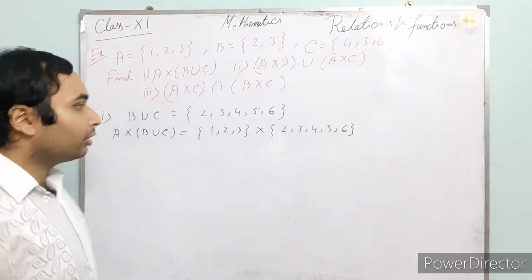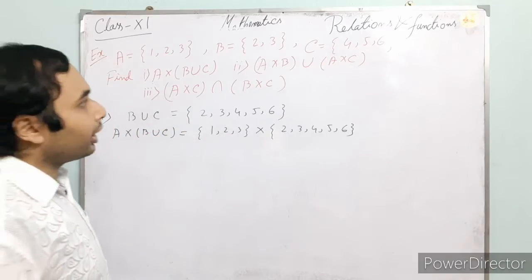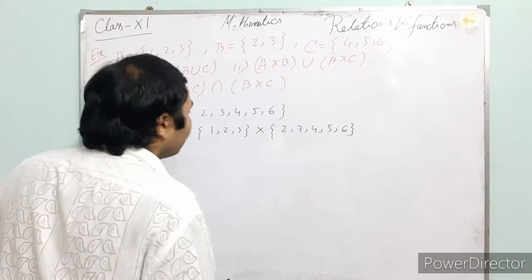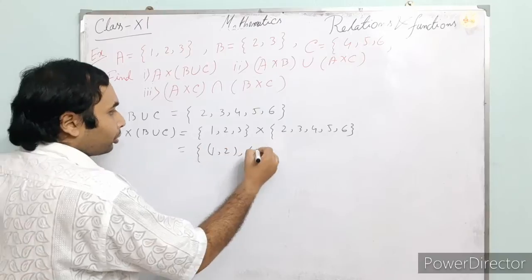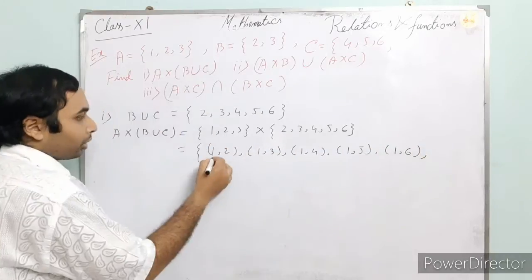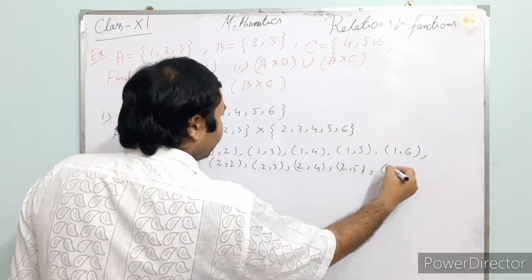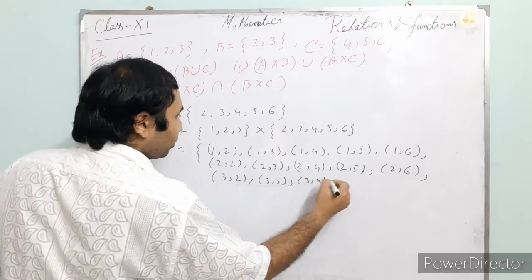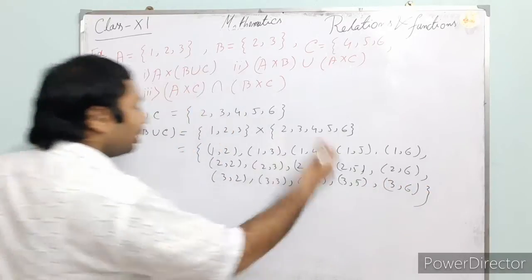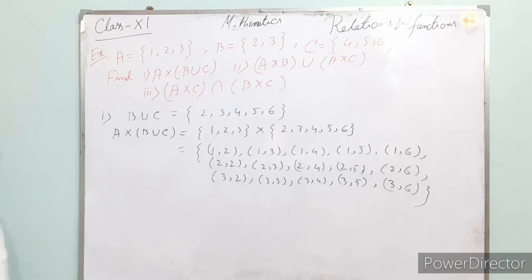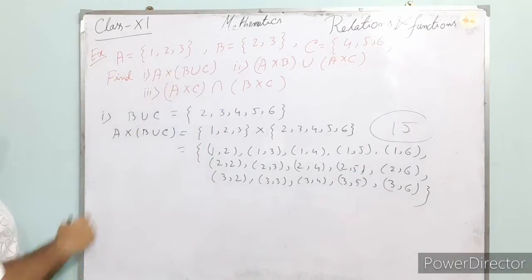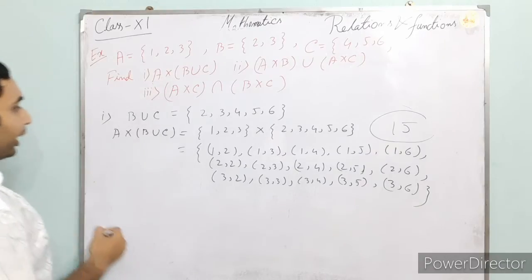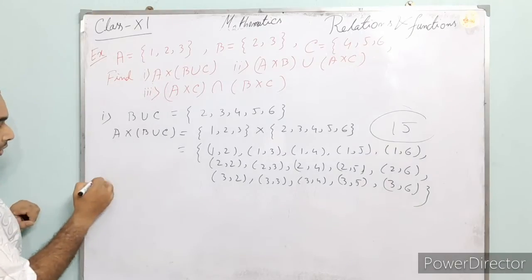So 3 times 5 is 15. 15 elements will be there in this set. Total 15 elements, just check it. Total 15 elements we are getting here. Okay. Now A cross B and A cross C and its union.